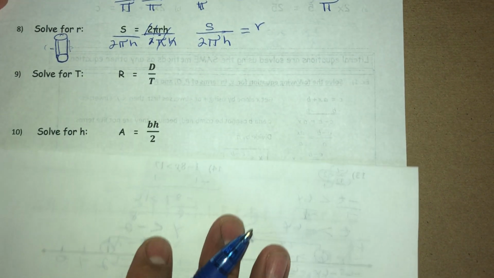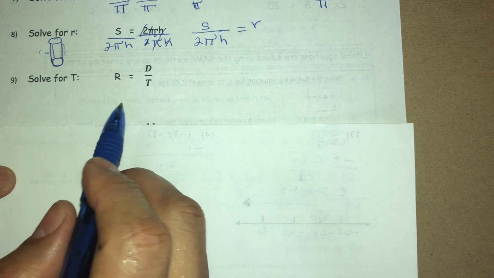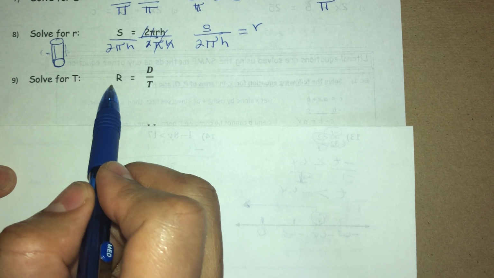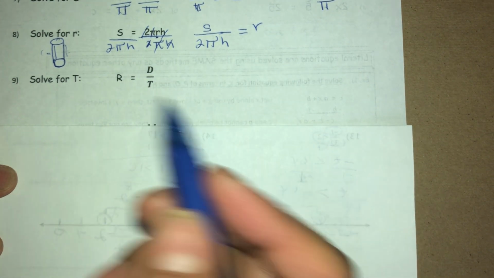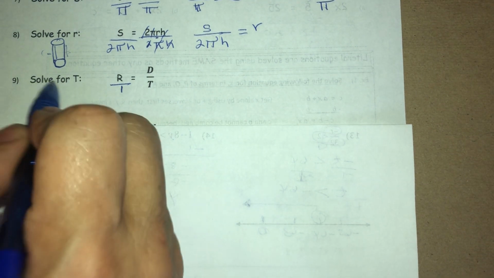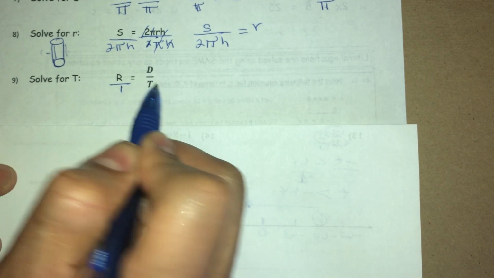Okay, remember what I said before. If I give you a variable alone on this side, and on the other side you have a fraction, just put a 1 underneath and create a proportion. Because now we need to solve for t. But remember, t here is in the denominator, so you have to do an extra step.